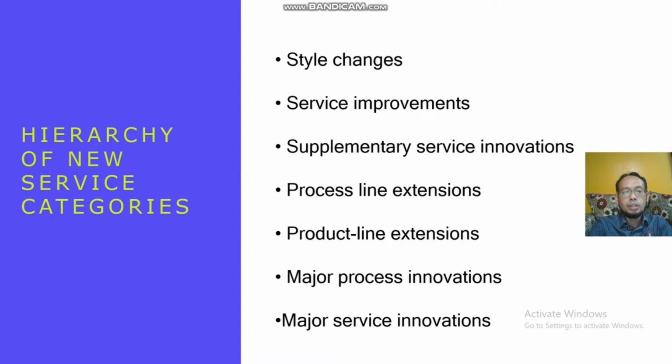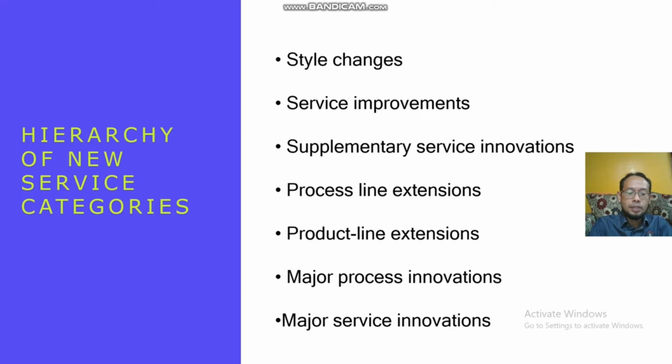Hierarchy of new service categories. Service style changes: style changes are highly visible and create excitement. Example, repainting retail branches and vehicles in a new color scheme, but typically they do not involve changes in service performance or processes. Service improvements involve modest changes in the performance of current products.